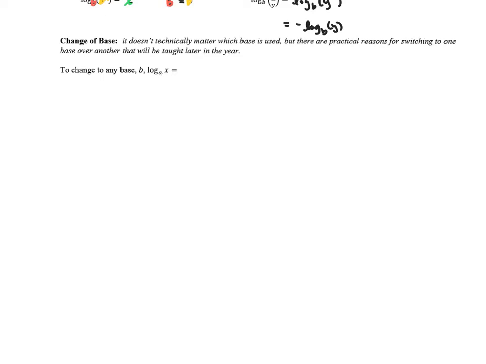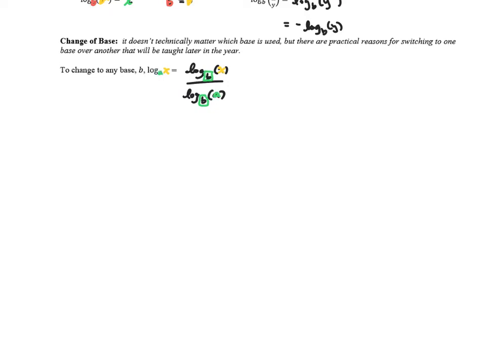So change of base formula: if I want to change log base a of x to base b, and we're not going over the proof of why, I simply take the ratio of log base b of x over log base b of a.